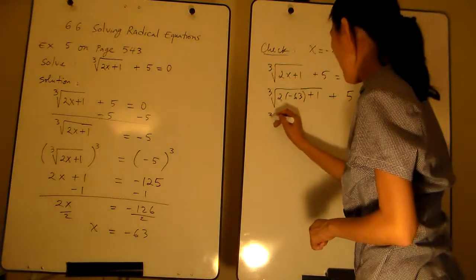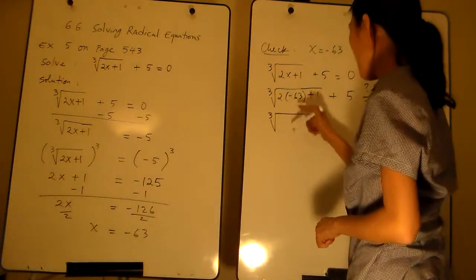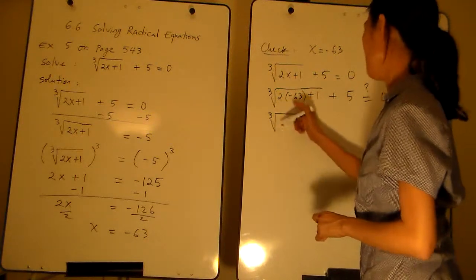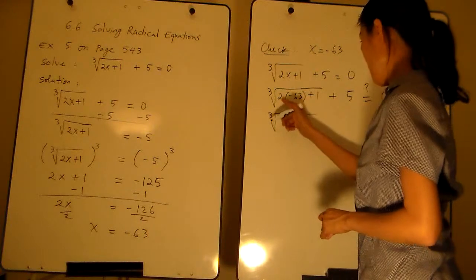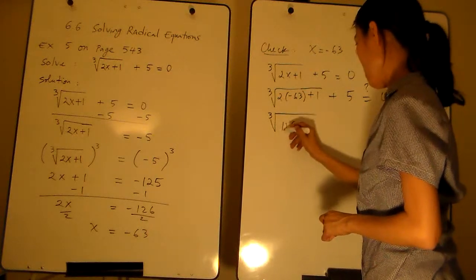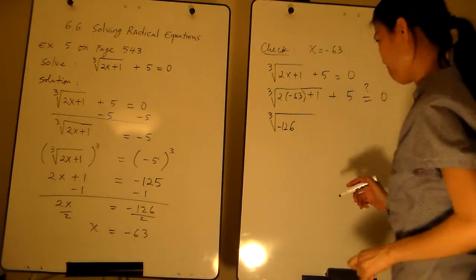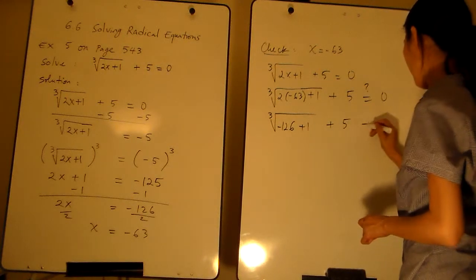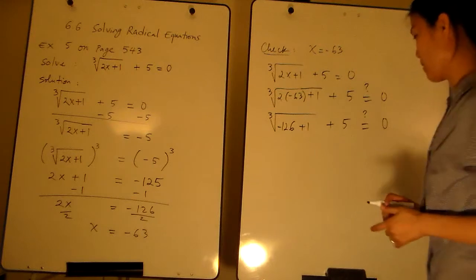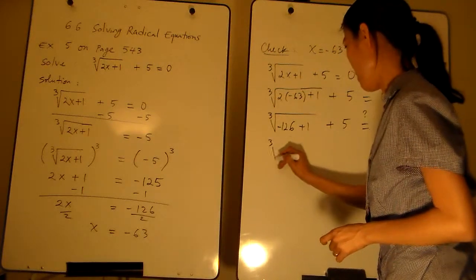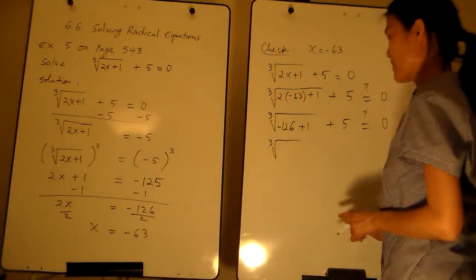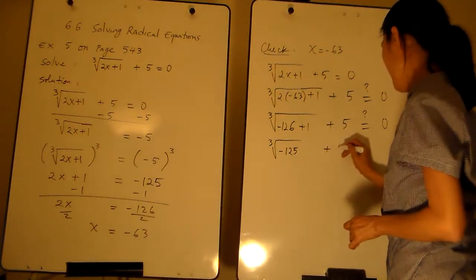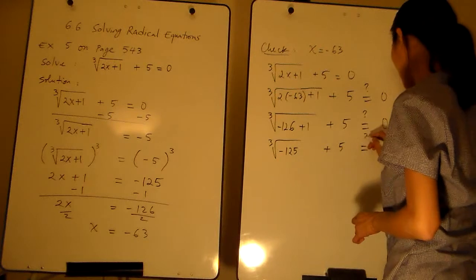So simplify. 2 times negative 63 is what? 2 times 3 is 6, 2 times 6 is 12, so negative 126 plus 1 plus 5, question mark, 0. So this simplifies to the cube root of negative 126 plus 1, which is negative 125, plus 5, question mark.